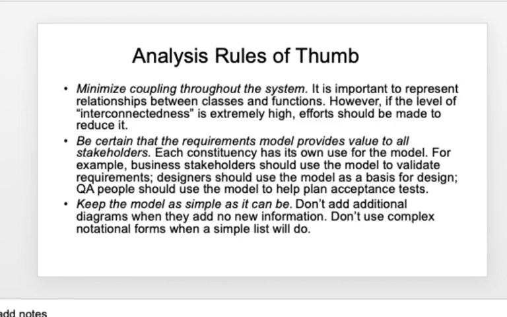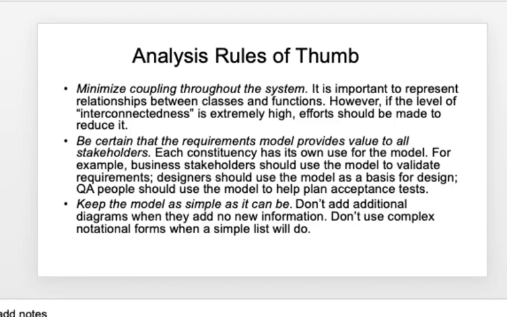Whenever interconnectedness is higher, efforts should be made to reduce it, because when coupling is high, interdependencies are going to be high, and at a later stage, any kind of change to a module will propagate unintended side effects to the neighboring modules, which is what we do not want to happen. So as far as possible, coupling should be as low as possible and hence should be minimized.